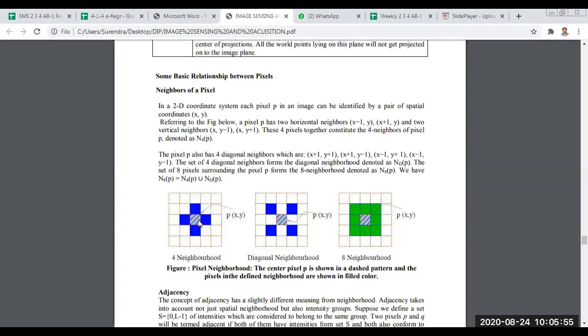What are the neighbors of this pixel? There is up and down and left and right. The left pixel is represented with x minus 1 comma y, and the right pixel is x plus 1 comma y, and two vertical ones. So there are two horizontal neighbors and two vertical neighbors.